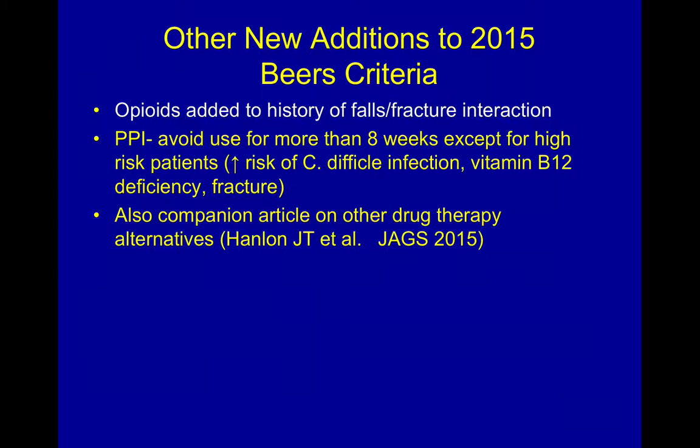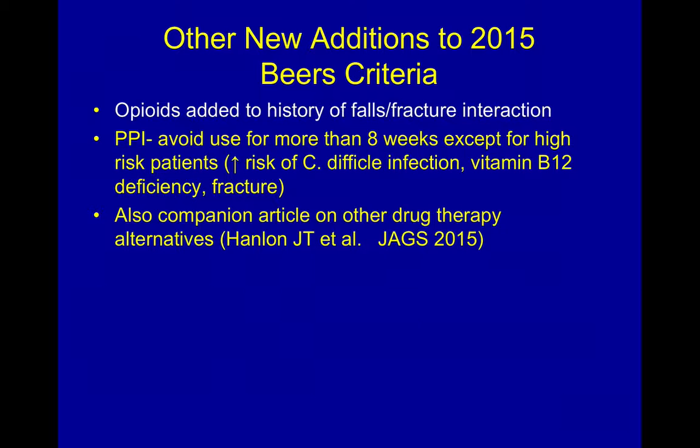But we don't like to use them long term because they've been associated with causing B12 deficiency, decreased calcium absorption, and therefore may put the person at risk for fractures. If they're an institutionalized patient, they may put them at an increased risk for C. diff infections. And so we still have to weigh this balance.